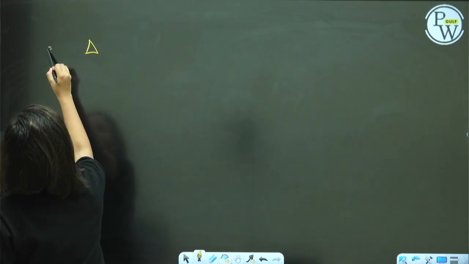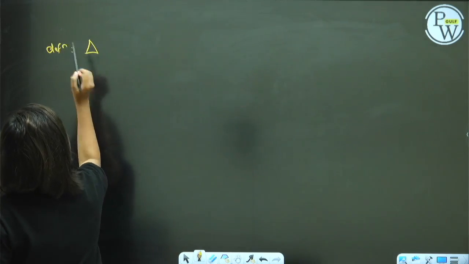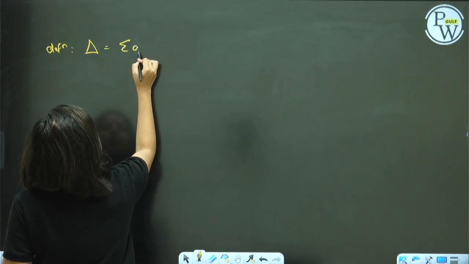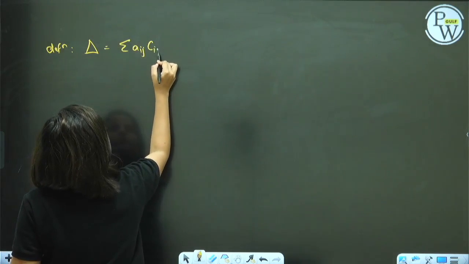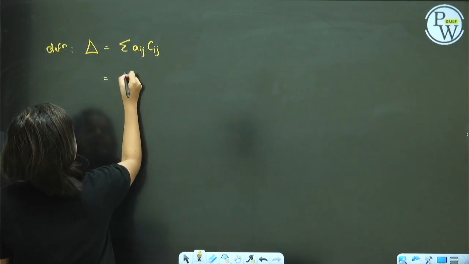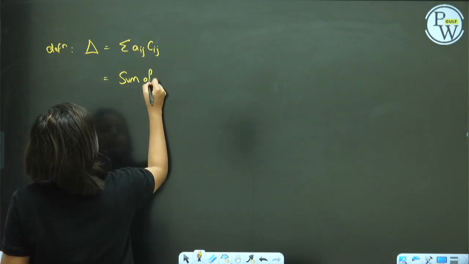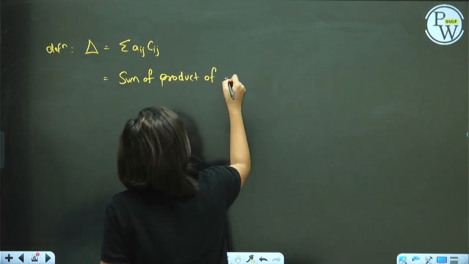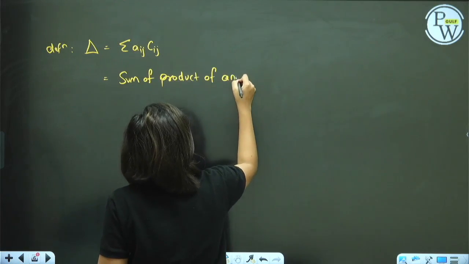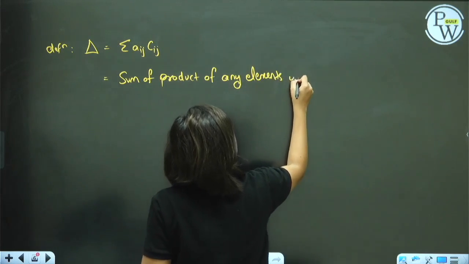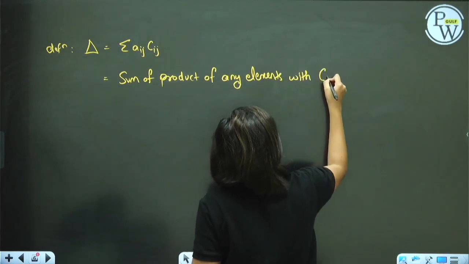The definition of determinant says delta is nothing but the summation of Aij into Cij. That is, it is equal to the sum of products of any element with its cofactor.